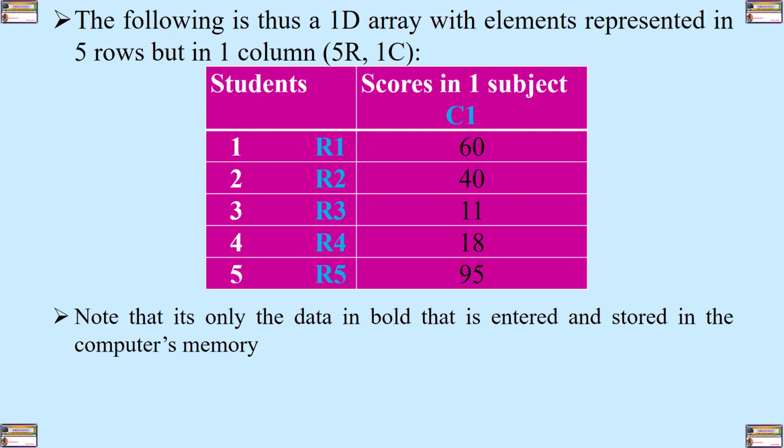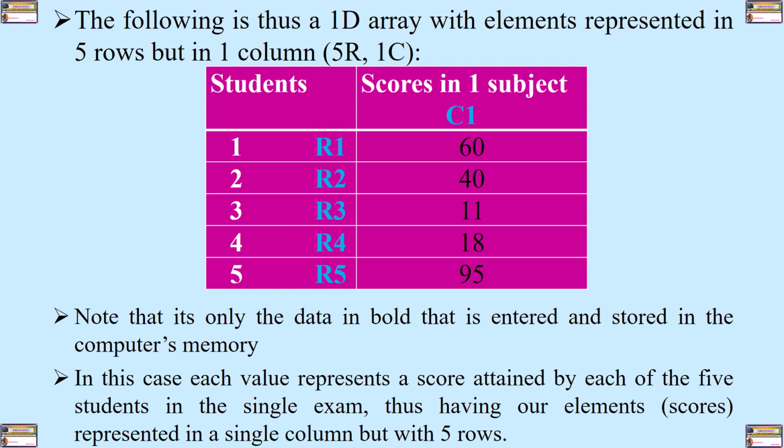So in arrays, you only store values of one data type. If it is integer, it is integer. If it is float, it is float. If it is char, it is char. If it's boolean, it's boolean. If it's long, it's long, just as we discussed in my previous presentations.